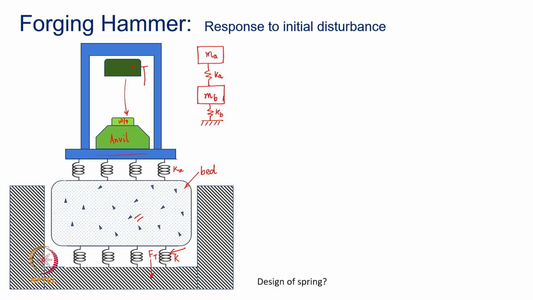Otherwise, if you make it too complicated, you will take much longer to calculate and estimate the response and find too many natural frequencies which are not necessary or may not be essential.